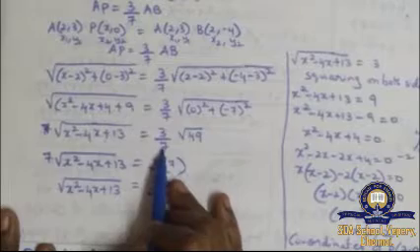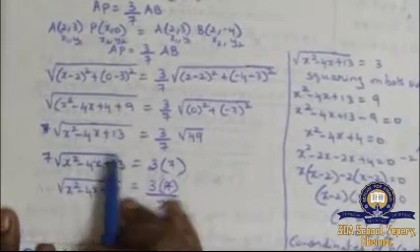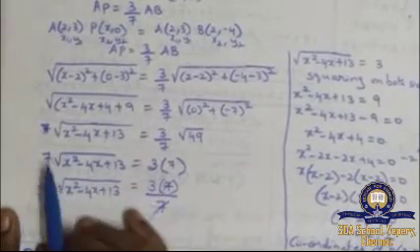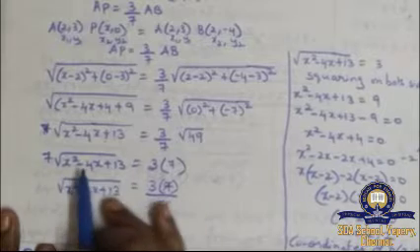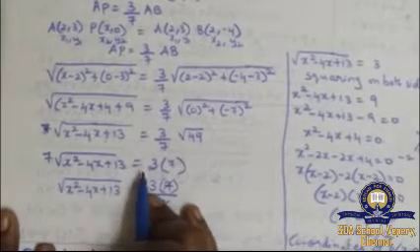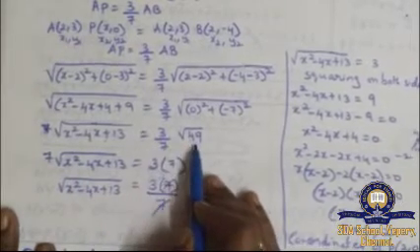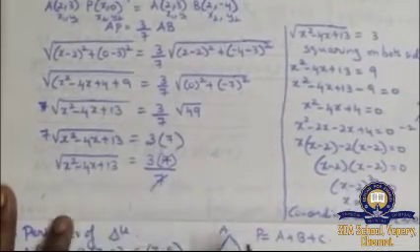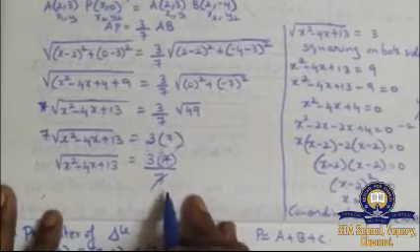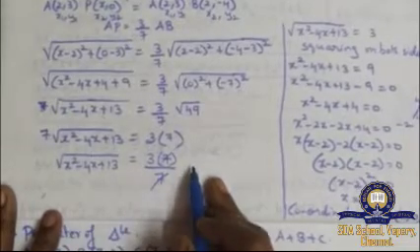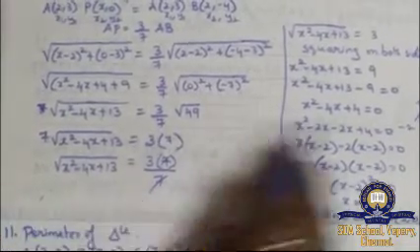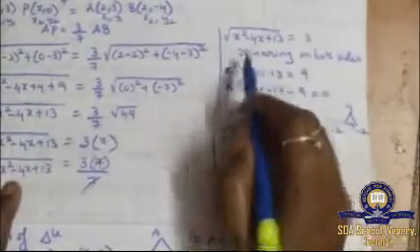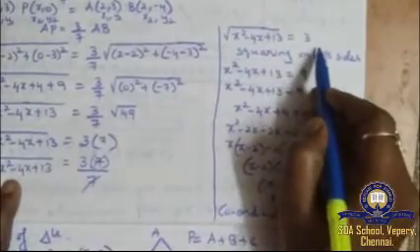So next step, I can take this 7 to this side. If I take it this side, it will be in multiplication. 7 into root of x square minus 4x plus 13 is equal to 3. Instead of root 49, I can write 7. Next, I am taking the 7 to this side, so it will become divide by 7. 7 and 7 will get cancelled. So here root of x square minus 4x plus 13 is equal to 3.